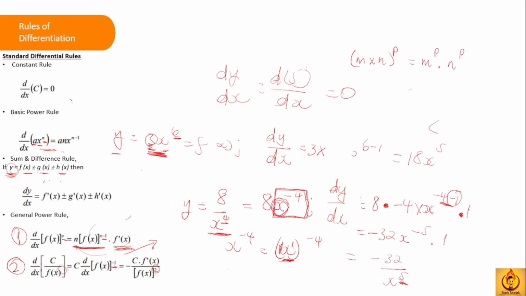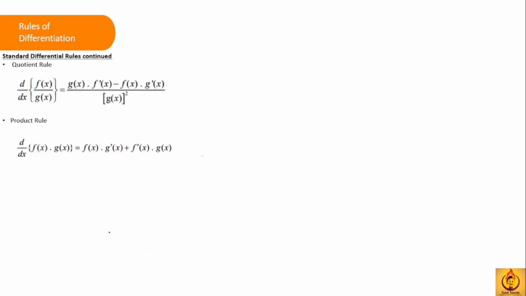Right, okay. Moving forward, now we come to the quotient rule, which is basically the division rule, one would say. So, what does the quotient rule tell us?